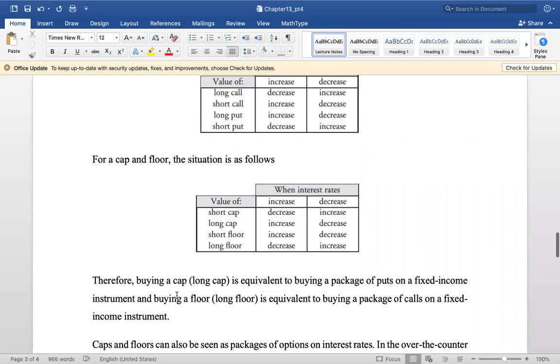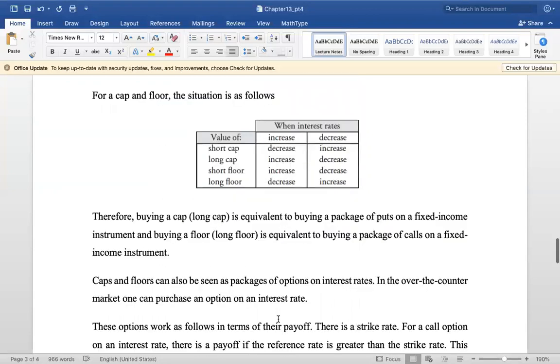Therefore, buying a cap, a long cap, is equivalent to buying a package of puts on a fixed income instrument, and buying a floor is equivalent to buying a package of calls on a fixed income instrument.